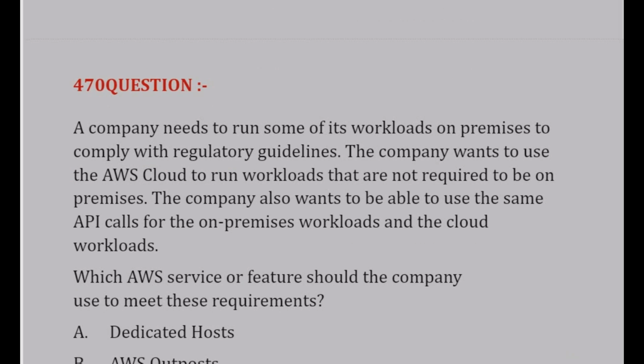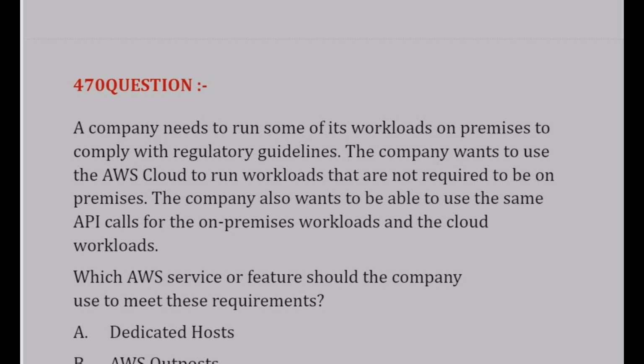Question is, a company needs to run some of its workloads on premises to comply with regulatory guidelines. The company wants to use the AWS cloud to run workloads that are not required to be on premises. The company also wants to be able to use the same API calls for the on-premises workloads and the cloud workloads.